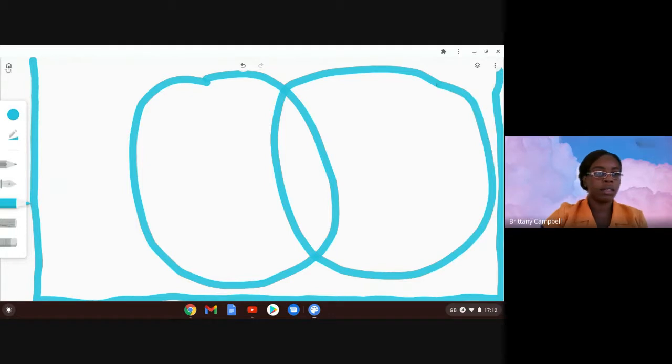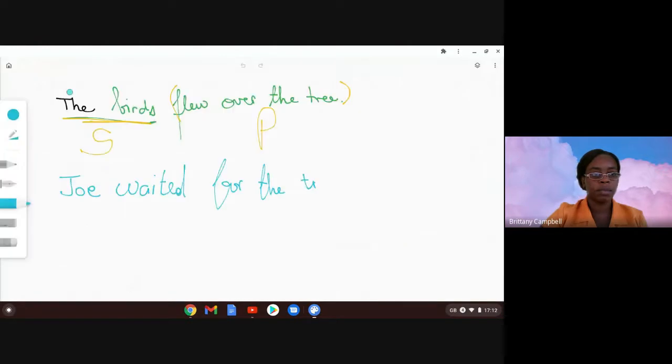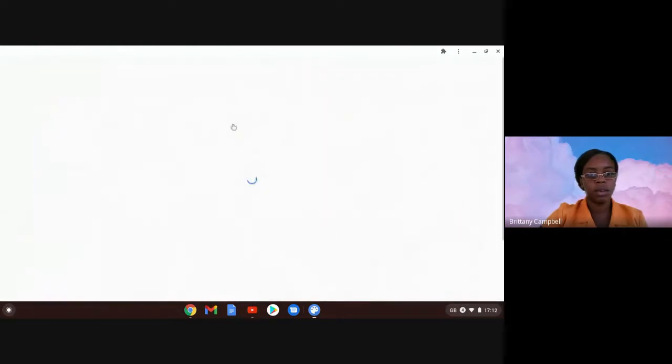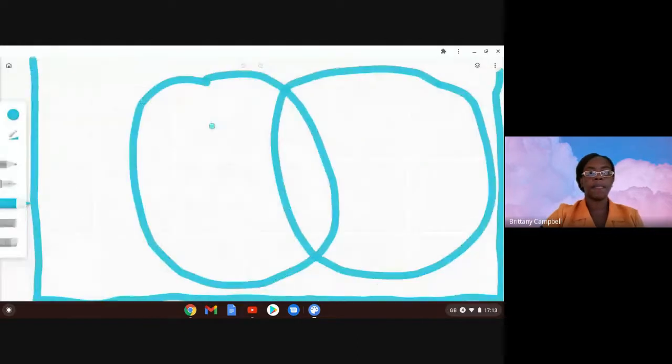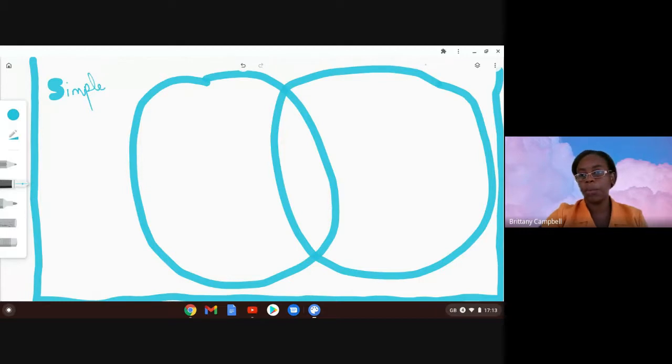I'm just changing the marker. So this would be simple sentences, and this referring to compound.